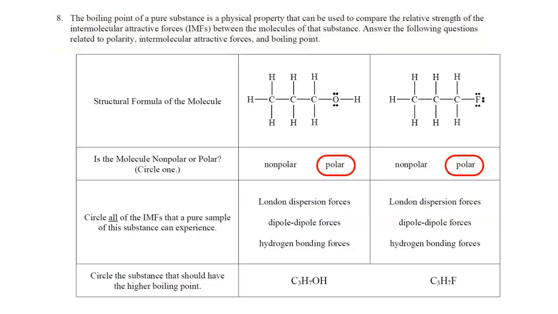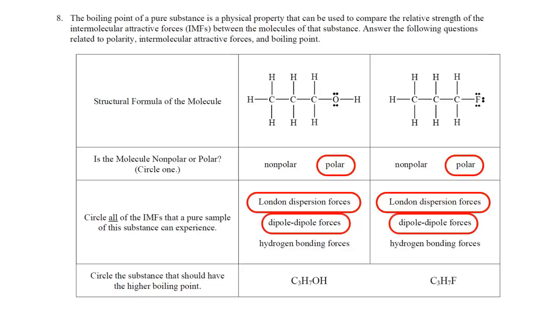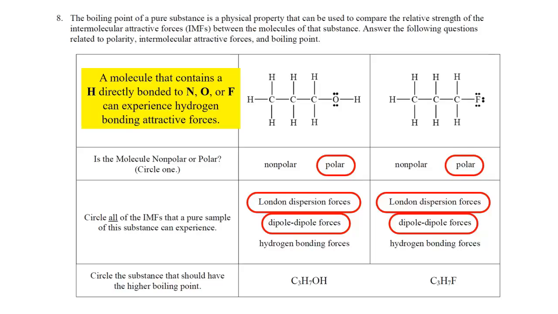Can they experience London dispersion forces? Yes, all molecules can experience London dispersion forces. Can they experience dipole-dipole forces? Well, they are both polar, so yes, they can experience dipole-dipole forces. Well, what about hydrogen bonding? Do we see in either of these molecules a hydrogen directly bonded to either a nitrogen or a fluorine or an oxygen?